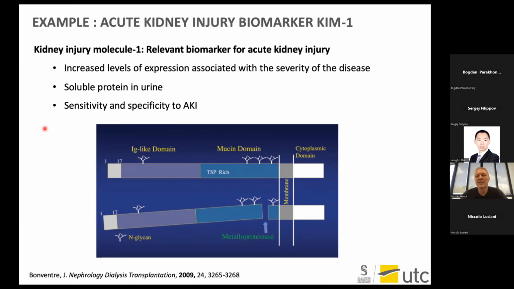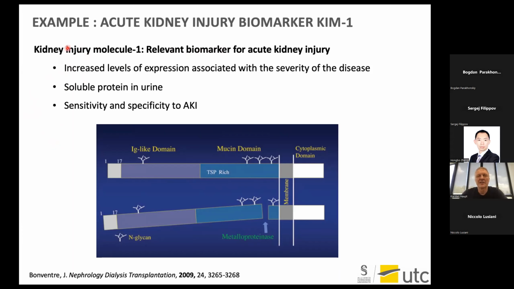And since these patients will either need a transplantation or will become dialysis patients, it is of course important to detect and treat acute kidney injury very early.